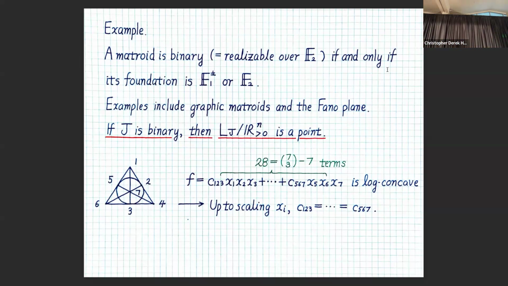And log concavity is like a semi-algebraic condition. You just want some determinants to be non-negative. And it seems very reasonable that I have a 28-dimensional space of coefficients to choose from, and I have some finitely many inequalities. So it looks like I have a 28-dimensional space. Maybe I scale out the 7 coordinate scalings, so maybe I have a 21-dimensional space.